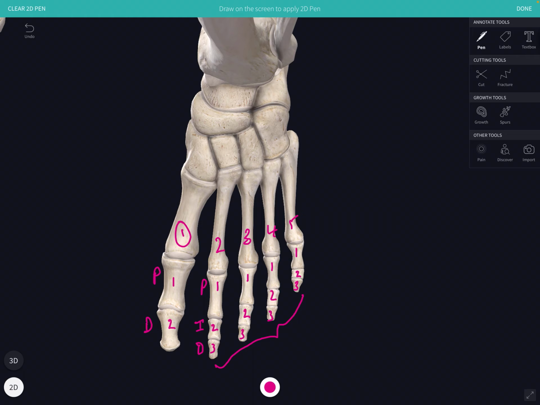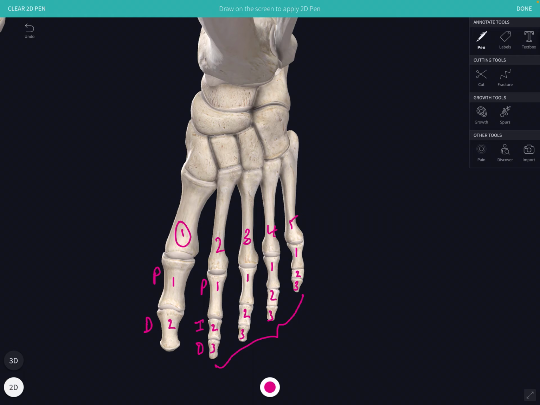Now, thinking about the middle phalanges, they are shorter and thicker in comparison to their length and in comparison to the proximal phalanges. Again, the base of the middle or intermediate phalanx has a concave articular facet for the head of the corresponding proximal phalanx, and their heads have an articular facet which articulates with the distal phalanx.